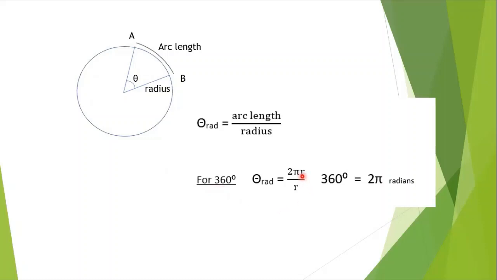So the arc length is effectively the circumference, 2 pi r. 2 pi r divided by the radius, the r's cancel, and so theta in radians would be 2 pi. So we can say that 360 degrees is equivalent to 2 pi radians. And this is something that you really ought to remember.